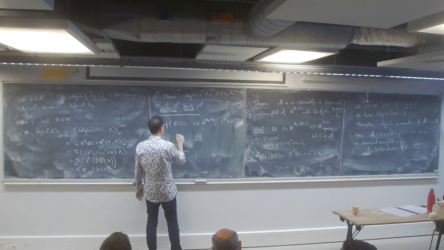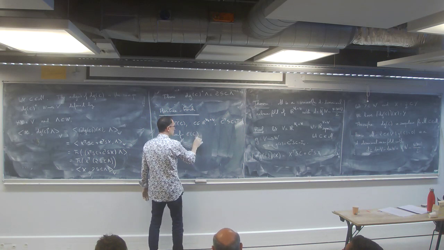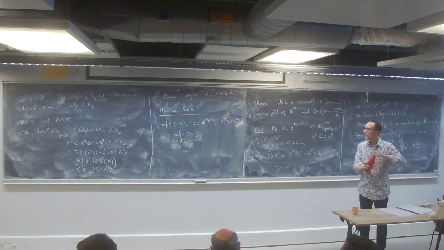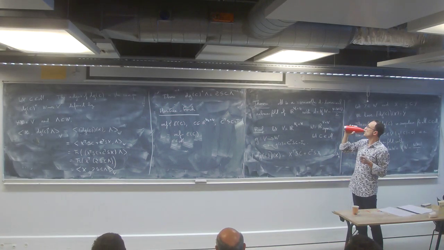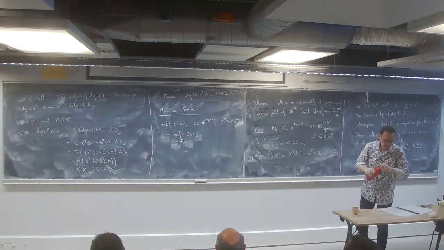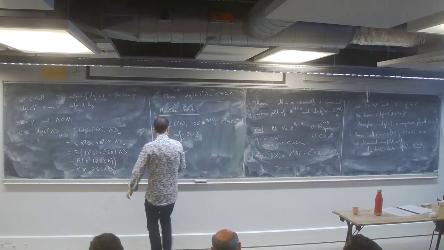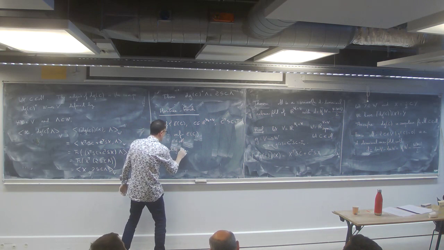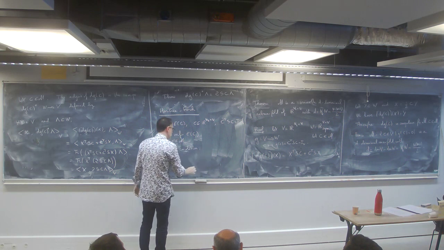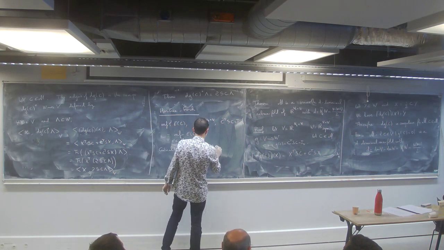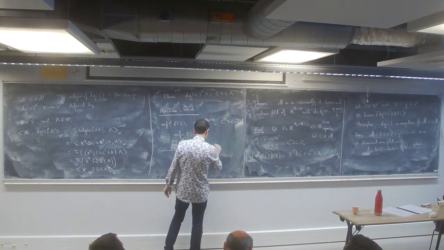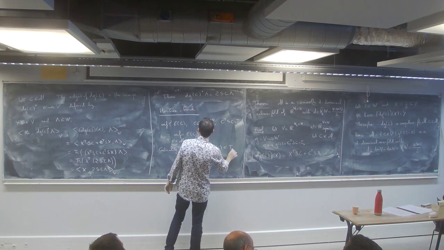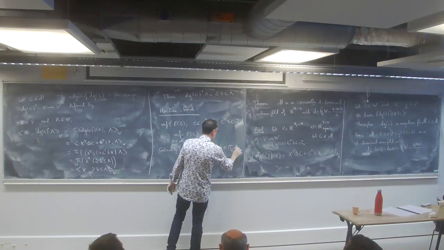Okay, so I can see that as the infimum for C in M of the function E of C. So the criticality condition is that C is in T_C M orthogonal.